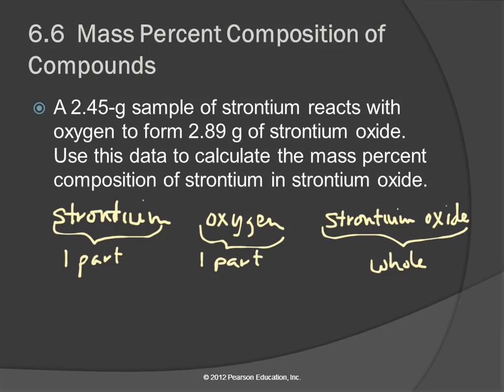So we're given a number up here, 2.45 grams of strontium. So we know we've got 2.45 grams of strontium. And it says that reacts with oxygen, doesn't tell us how much oxygen, and we've got 2.89 grams of this product.